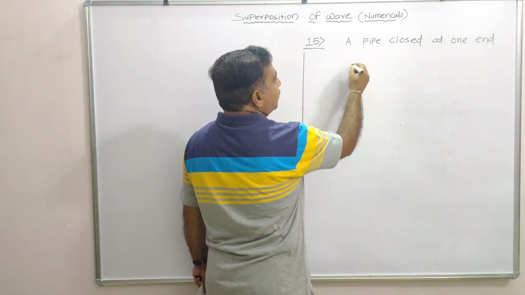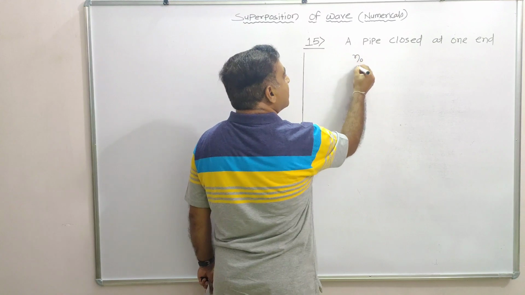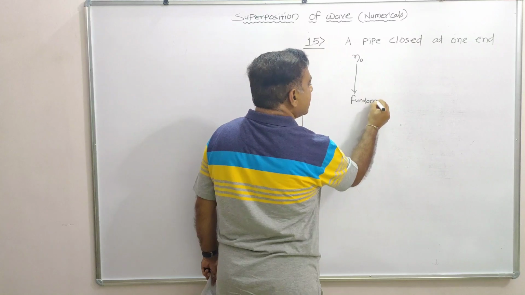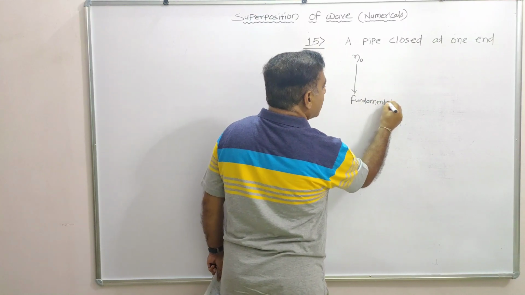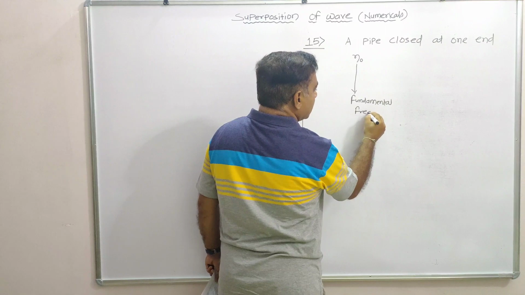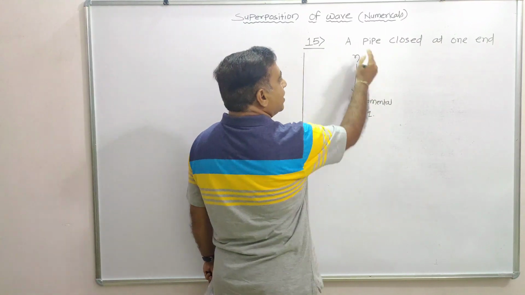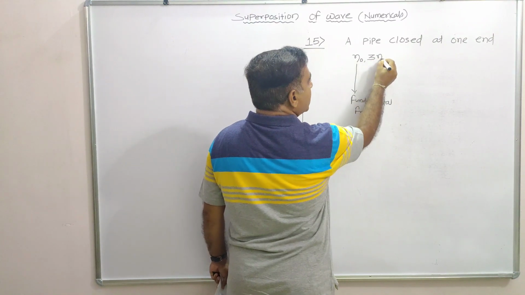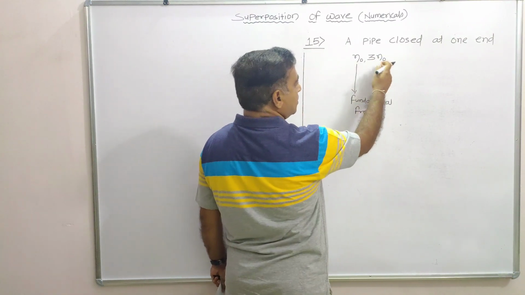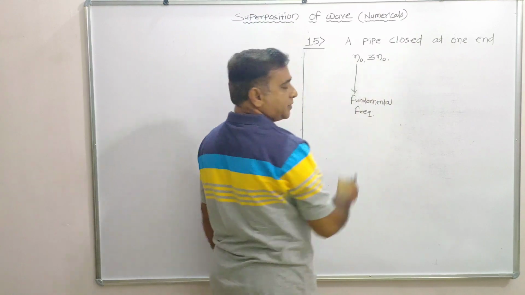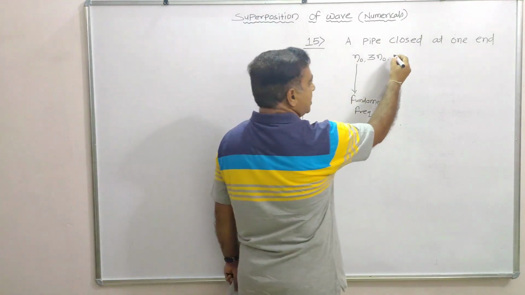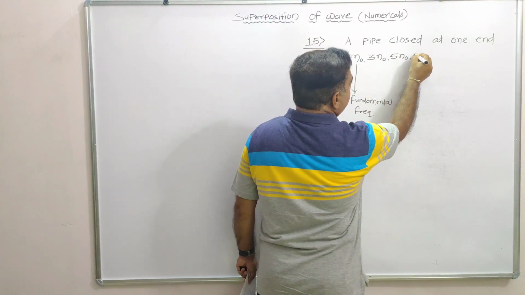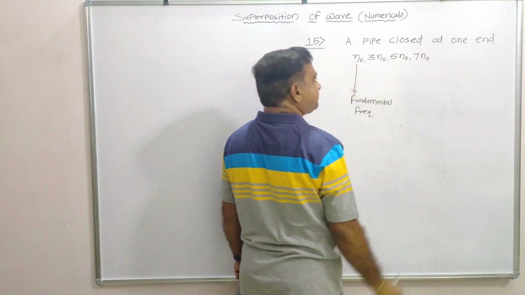For that, we know very well that if N0 is the fundamental frequency, then in a pipe closed at one end, we get odd harmonics. Odd means odd values multiplied with the fundamental frequency. Odd harmonics are present: 3N0, 5N0, and 7N0.